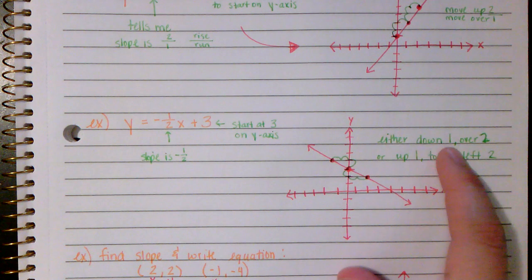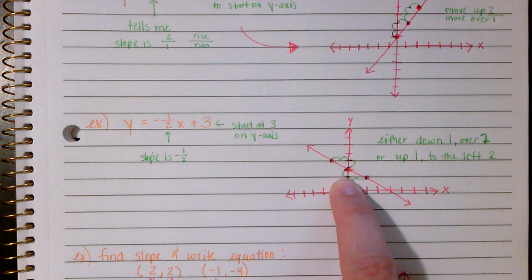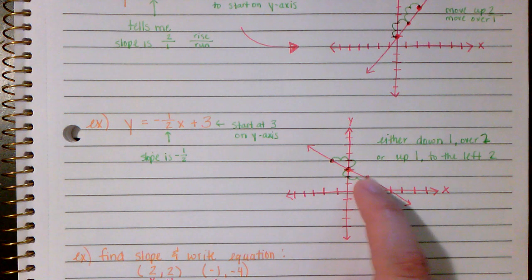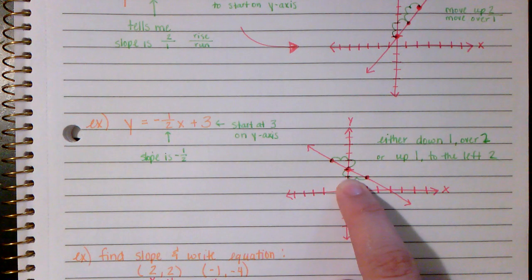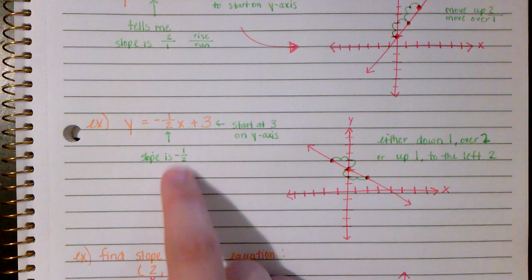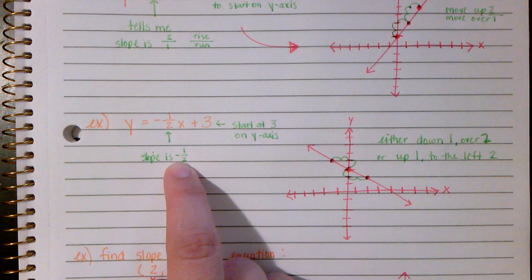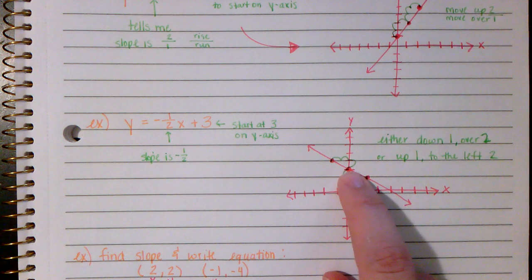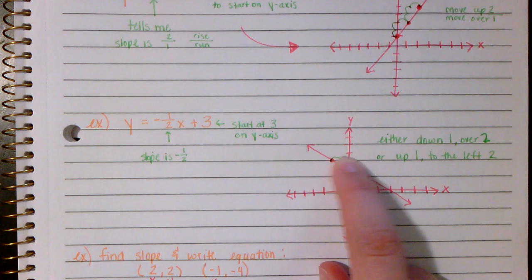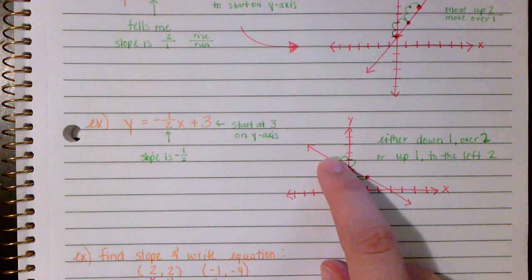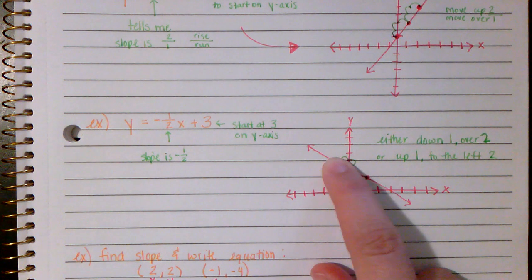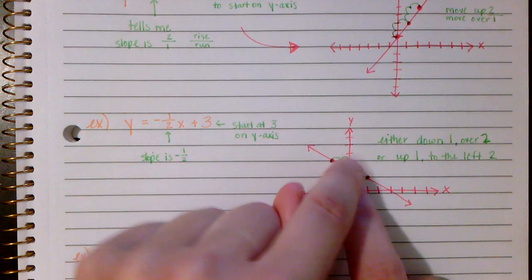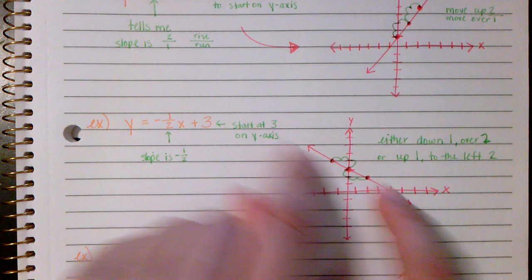Over here, I either moved down 1 and to the right 2, which is the positive direction on the x-axis, so I gave that negative symbol to the 1 and went -1/2, or I gave the negative symbol to the 2, made 1 positive, and went up 1 and to the left 2, because the 2 is negative. So you can either do -1, +2 or +1, -2. It doesn't matter, because as you see, I still ended up on the same line, just at a different place.